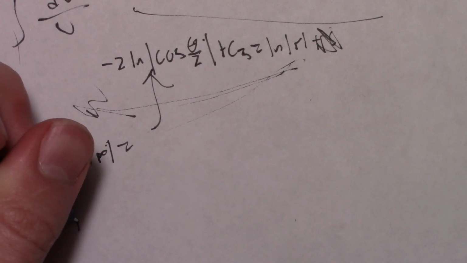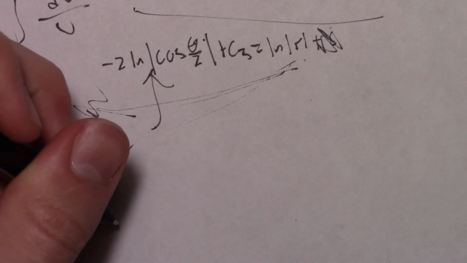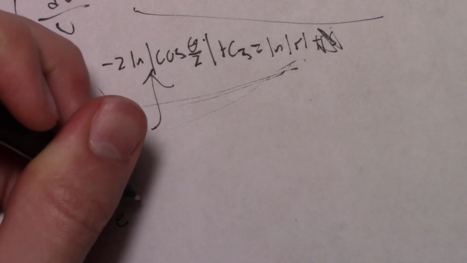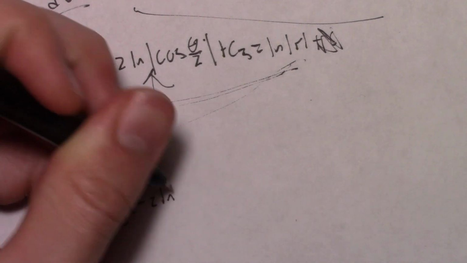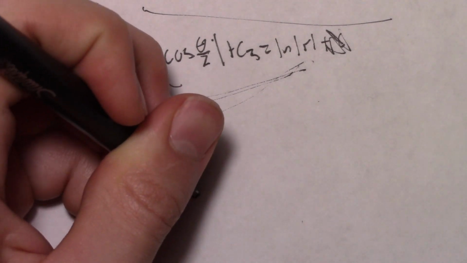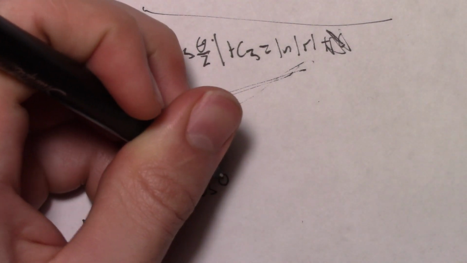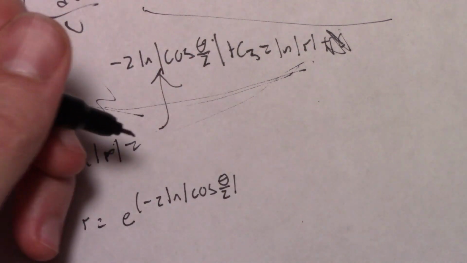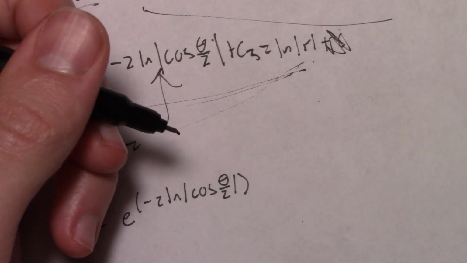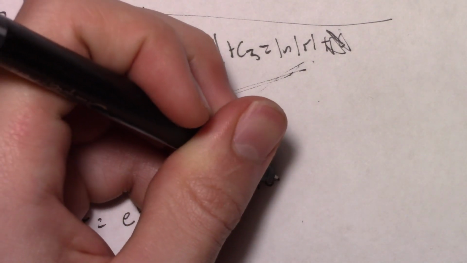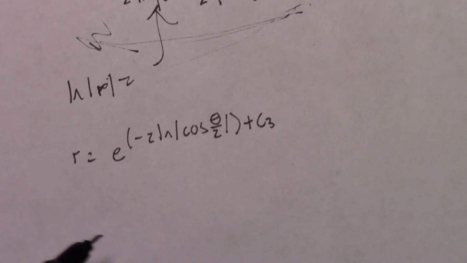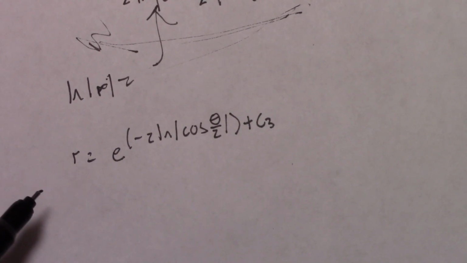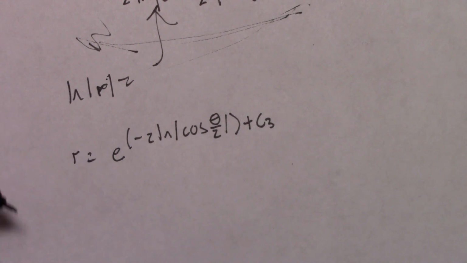So we have r equals e to the power of negative 2 ln absolute value cosine theta over 2, maybe I shouldn't have called that parentheses, plus C3. Now that is an expression. Is it a good expression? I don't like it. Simplify a little bit.